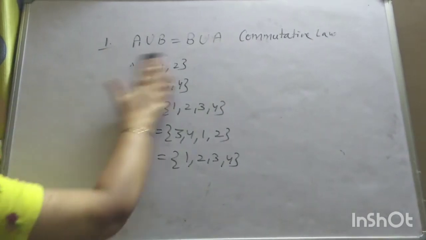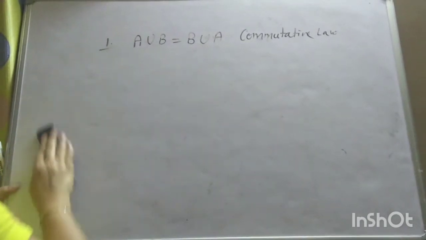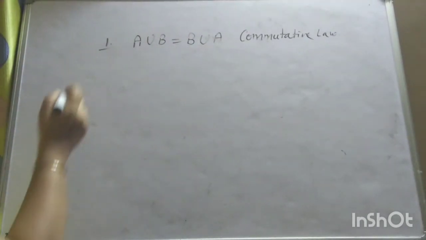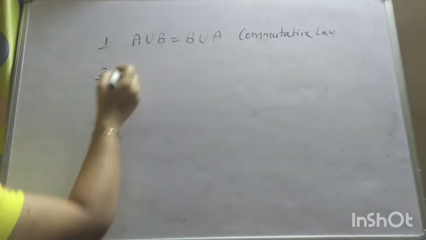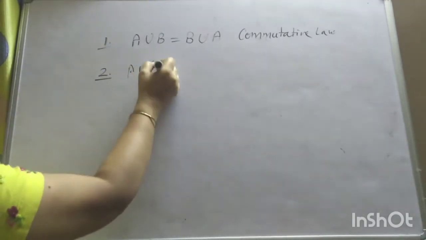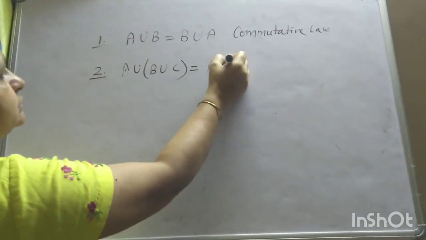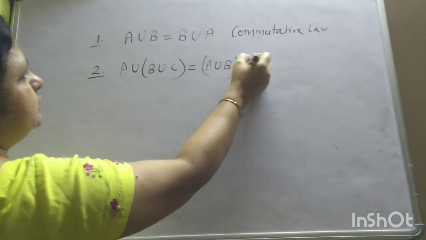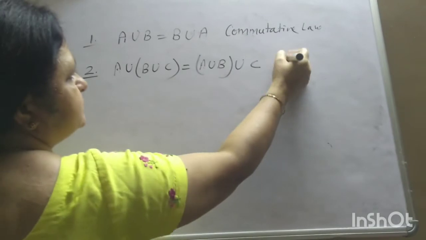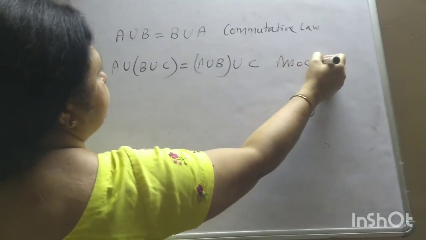Second property, or we can say second law, is associative law. A union (B union C) is equal to (A union B) union C. This is associative law.